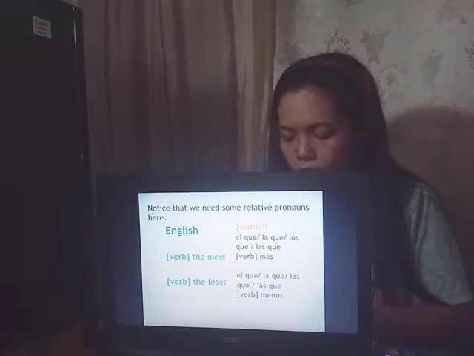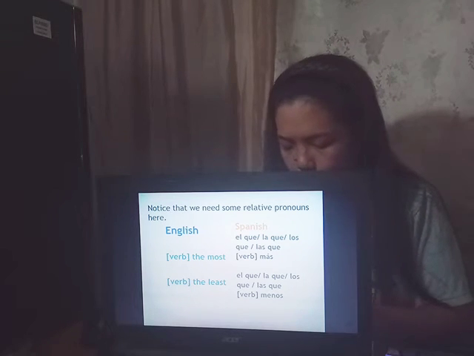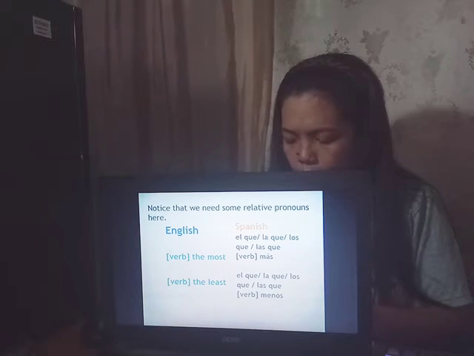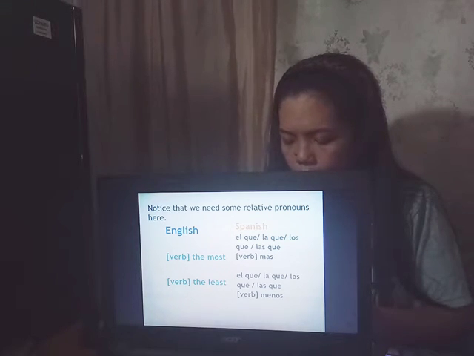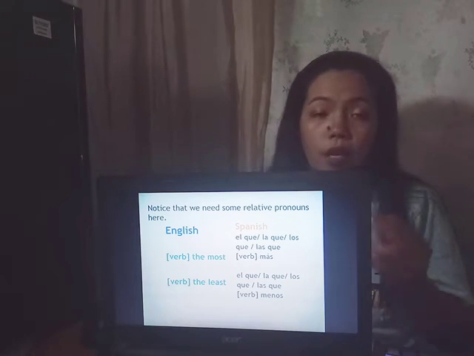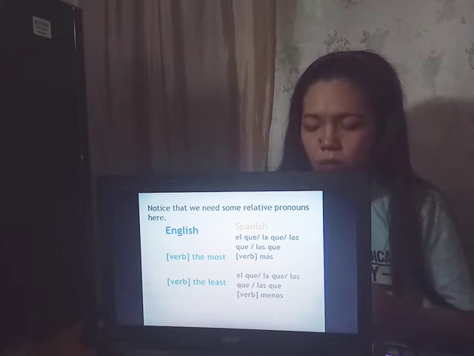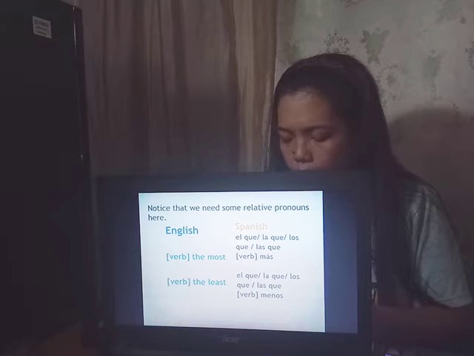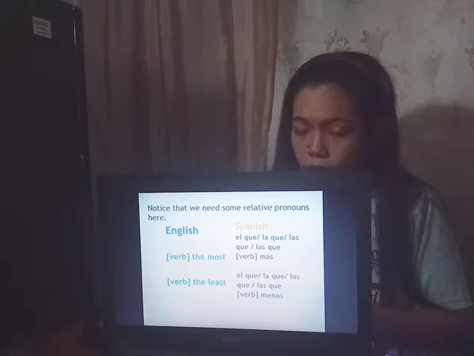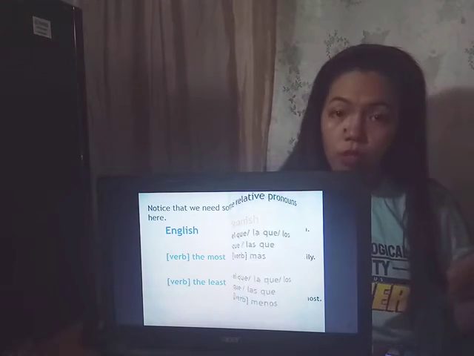So here in Spanish, you remember the pronoun: el que, la que, los que, las que, then verb plus más. You have to add más. Next is when you say the least: el que, la que, los que, las que, then verb plus menos.